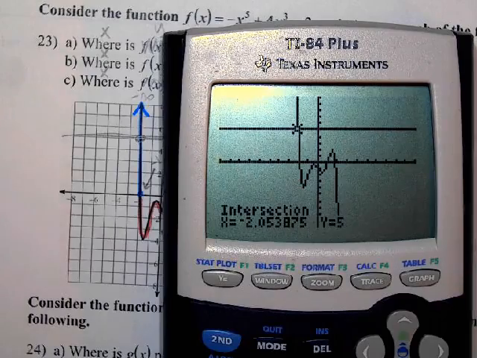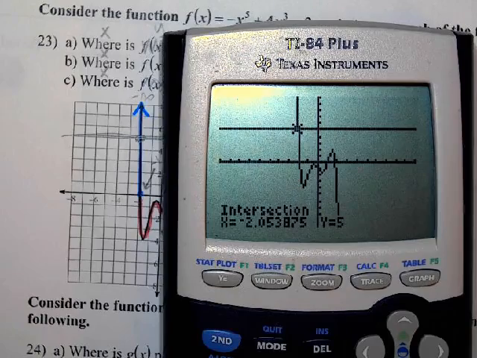If you're scrolling around to get it, then it's not accurate. You have to get it by doing second trace number 5. Getting it by scrolling around will get you close, but it won't get you exactly right. Your decimals will be wrong every time. Okay, any other questions? Be good? Okay.